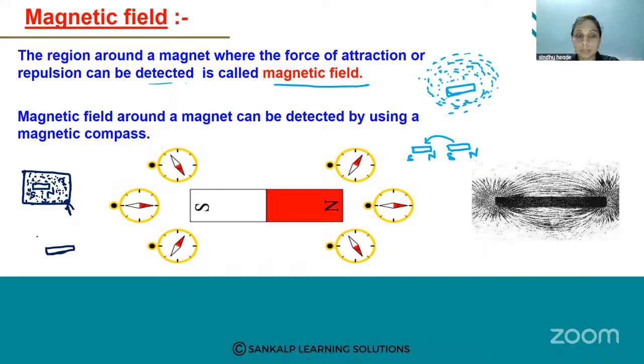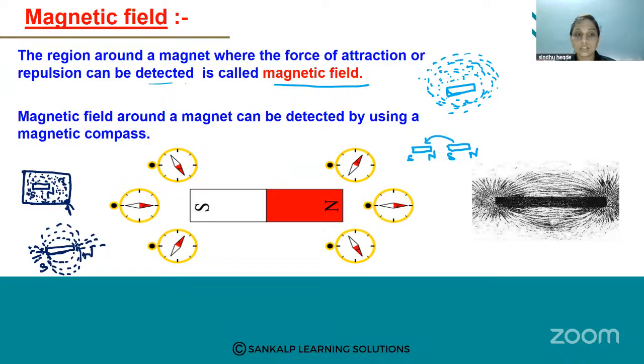You place the finely powdered iron randomly, and after some time they all are arranged in some pattern. In some particular regions they come and arrange like this, on the outer side of the magnet and at the poles also.